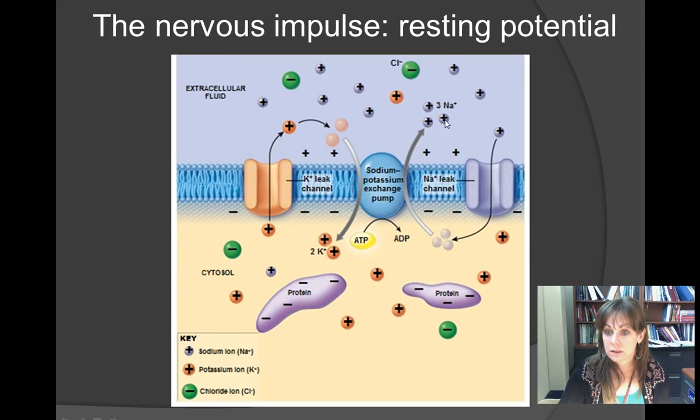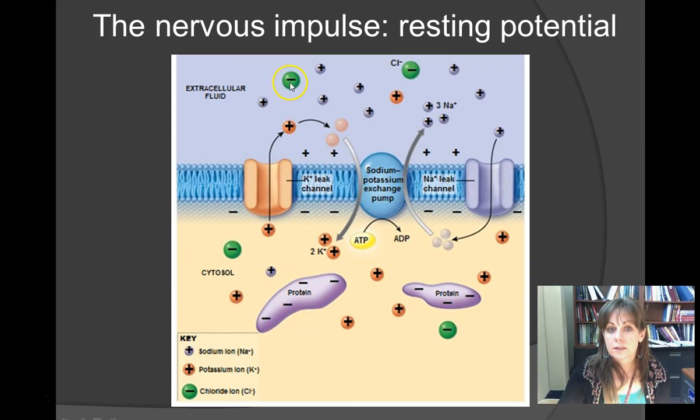That's important. So at rest, there's a high concentration of sodium outside the cell. Now, potassium is just the opposite. Potassium here, you notice, is mostly on the inside of the cell. You might have a couple on the outside, but mostly on the inside.